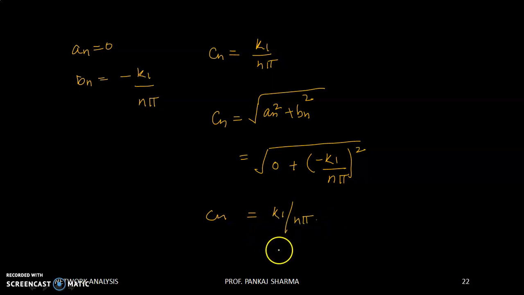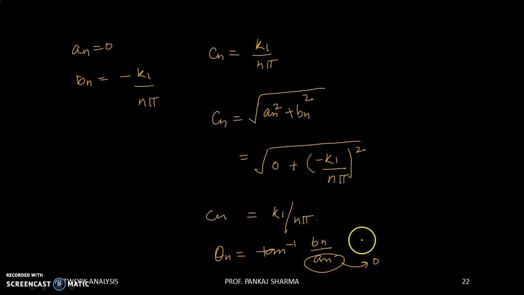And what about theta n? Theta n is tan inverse bn by an, when an is 0. So it means theta n is equal to tan inverse infinity, that is equal to pi by 2 radian.